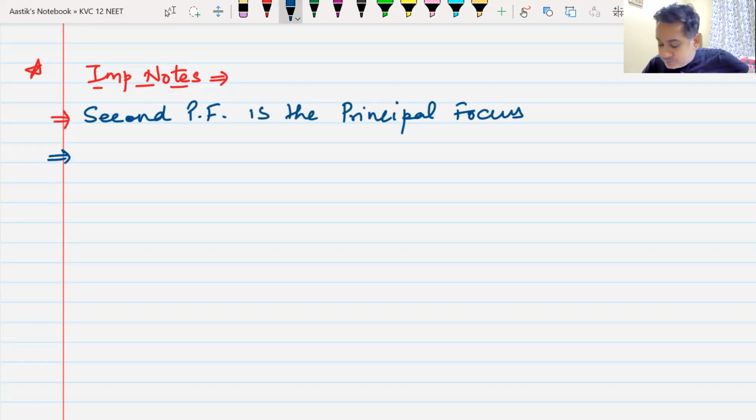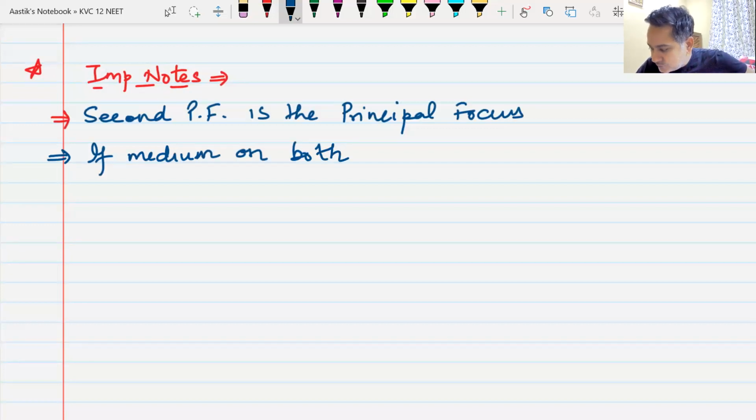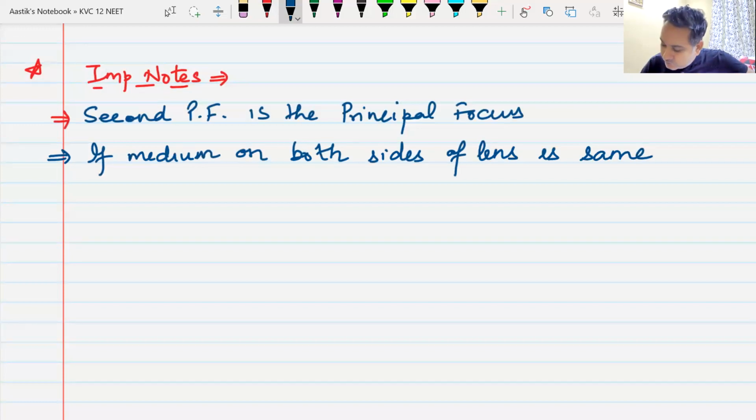Point number 2, and these points are potential questions that have come in your exam: if the medium on both sides of the lens is the same, then f1 in magnitude is equal to f2 in magnitude. Why am I writing magnitude?